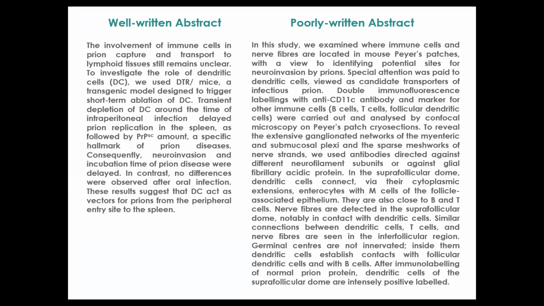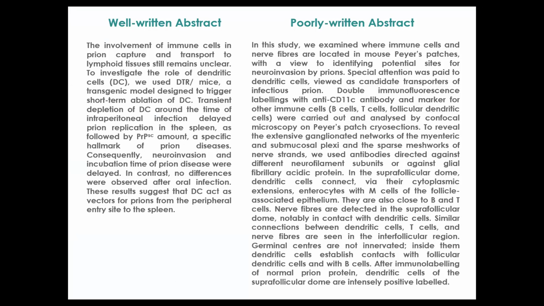I'm not going to go through every one in detail, but let's look at the poorly written abstract first. "In this study, we examined where immune cells and nerve fibers are located in Peyer's patches with a view to identifying potential sites for neuroinvasion by prions.